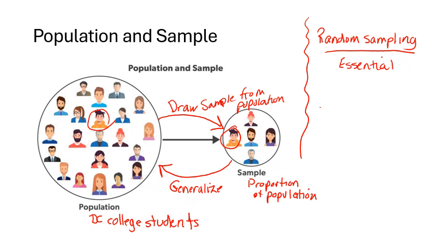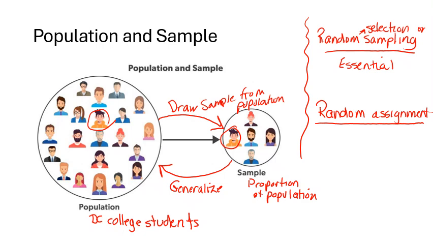And we'll also talk later, when we come to t-tests and so forth, about random assignment, which is different. Random sampling, we also say random selection. Random assignment is what we can do if we don't have a random sample, but we want to test a certain condition.